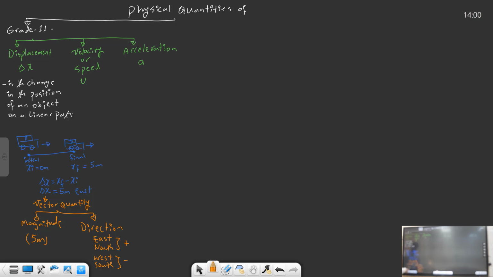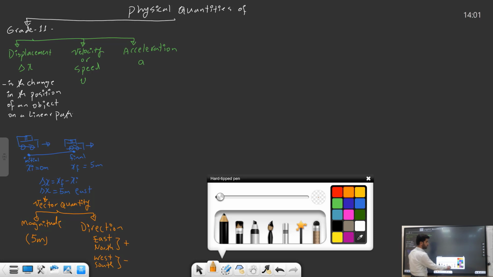So in this case, I could have said that the car has traveled positive 5 meters to the east, okay, or just positive 5 meters. If the car were to travel west, I could have said that the car has traveled negative 5 meters to the west, okay? So this was everything about displacement in grade 11.